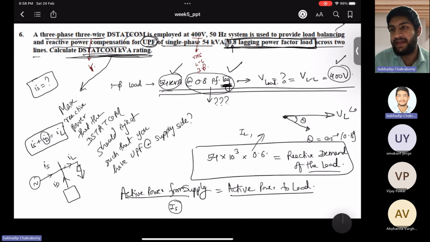You multiply the amplitude of the voltage, which at the shunt is 400. This is known. Now you need the DSTATCOM current, which you get from these two data, source and load, right?